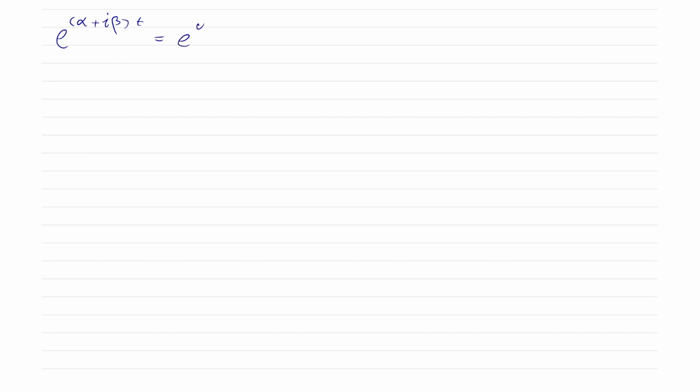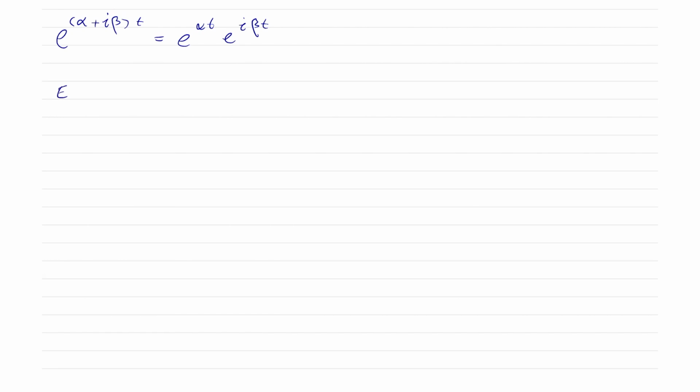I just said a second ago that this can be written as e to the alpha t times e to the i beta t. Now, this piece is nice and easy. Alpha is real, t is real, and we can certainly conceive of how you could compute that. But then the question is, what do you do about this? i is an imaginary number, and so what is e to an imaginary number?